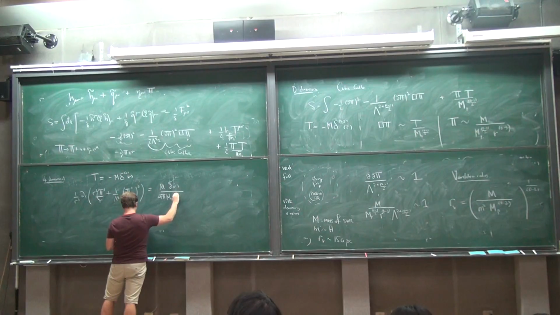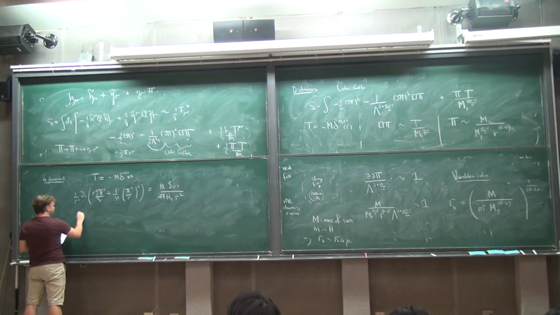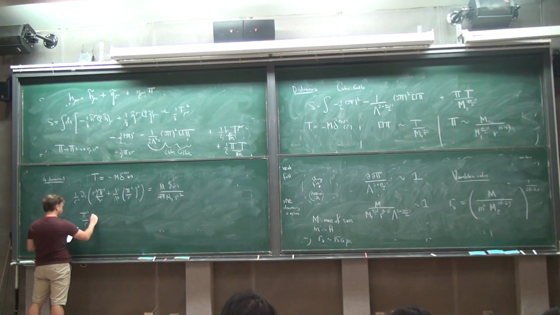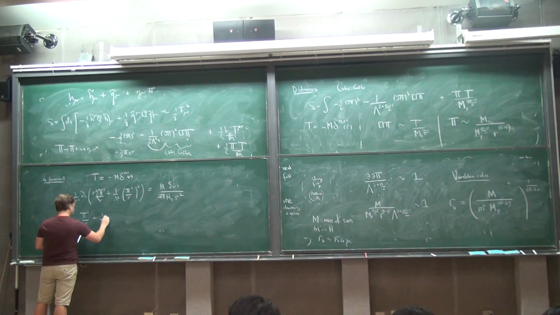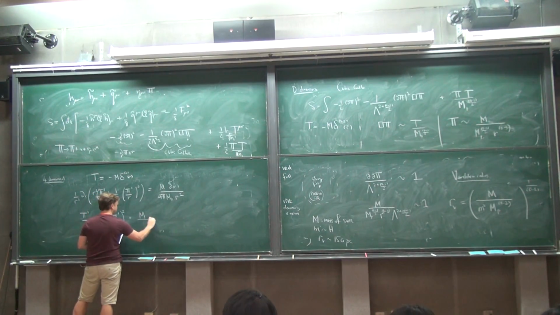The Planck r squared. And if I integrate that up, I get pi prime over r plus 1 over lambda cubed pi prime over r squared is equal to m over m Planck 4 pi r cubed.